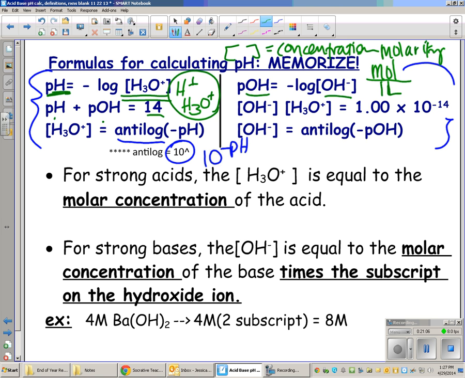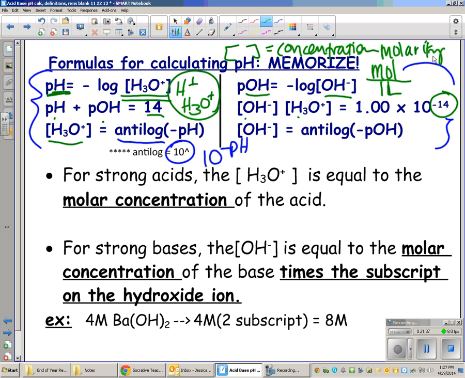The 14 should be a number you see a lot. If you multiply their concentrations by one another, you get blah, blah, blah times 10 to the negative 14. Yet again, we see 14. So I related these two because pOH and pH are related to the concentrations, which is how you get this formula over here. And if you ever need to calculate the actual concentration, you put in your calculator 10 to the negative pH, or you just put antilog negative pH, and it'll give you the concentration.